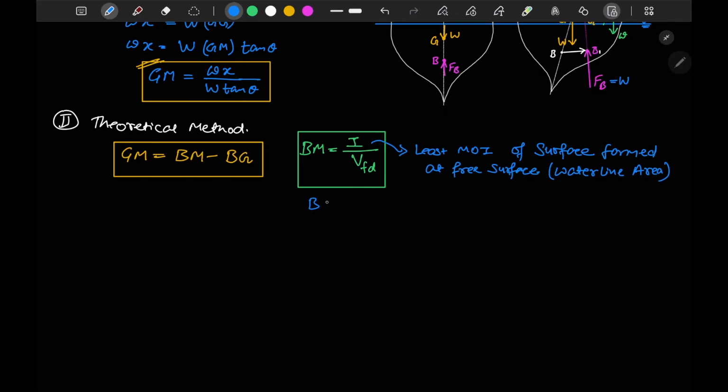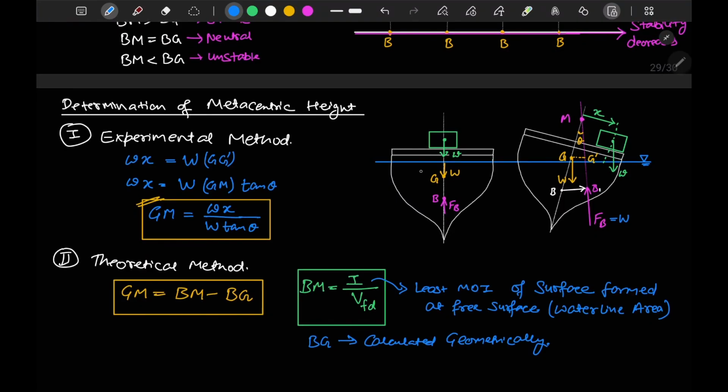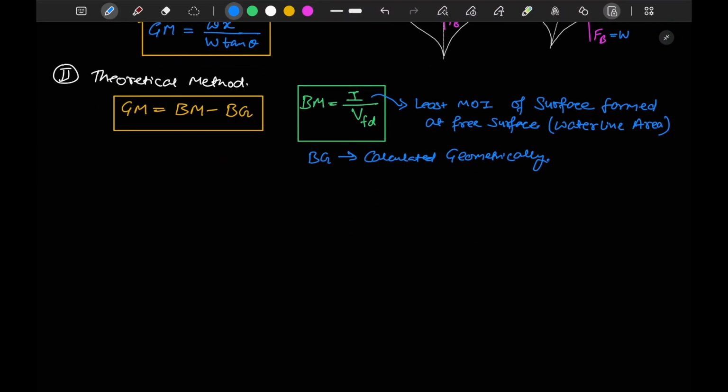Your BG is calculated geometrically, so we will measure the distance from B to G. Generally in questions, the shape of the object is symmetrical, either cubical or cylindrical, so there we can generally calculate the distance between B and G.